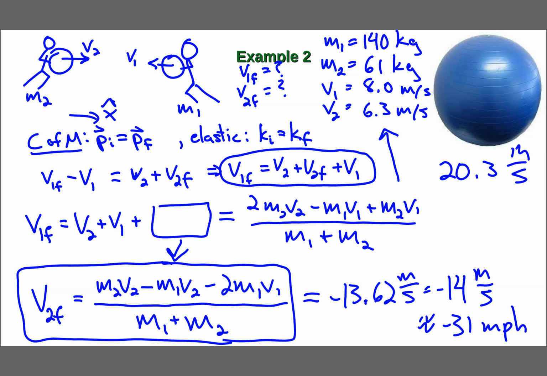And if we do that, what we'll see is that this v1 final is about minus 0.68 meters per second, which is approximately minus 1.5 miles per hour.